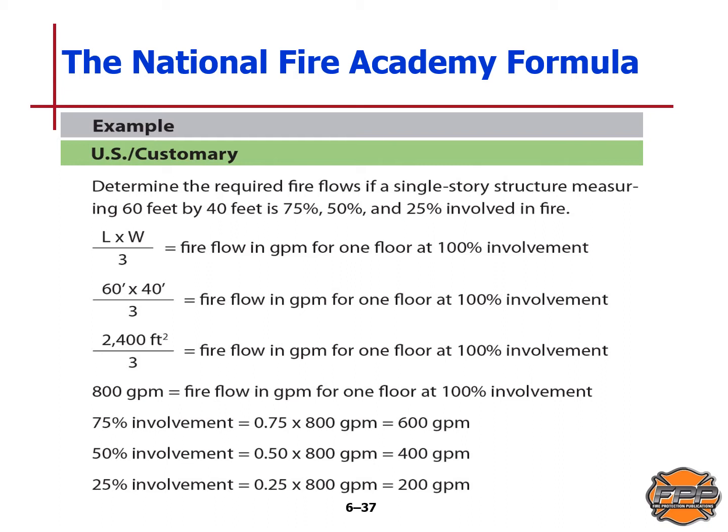If you want to know what 75% of that is, you take 0.75 times 800 gallons per minute, which gives you 600 gallons per minute. 50% is easy. That's 800 times 0.5, which is 400 gallons per minute. And 25% is 0.25 times 800 gallons per minute, which gives you 200 gallons per minute. So that's pretty straightforward.